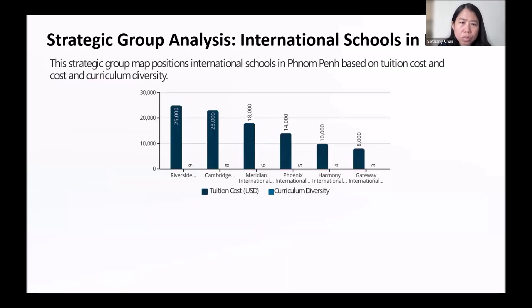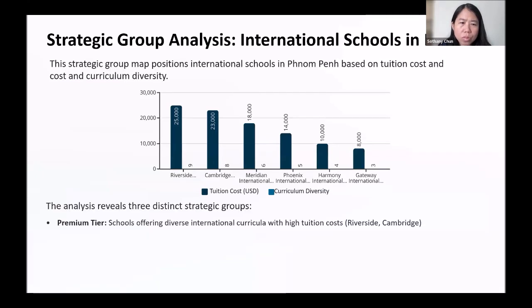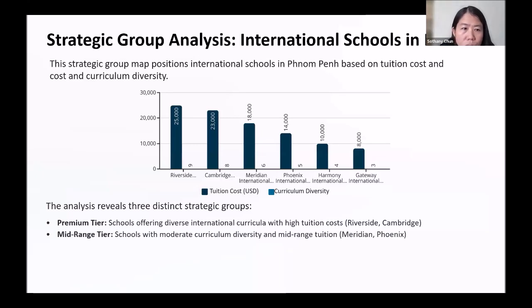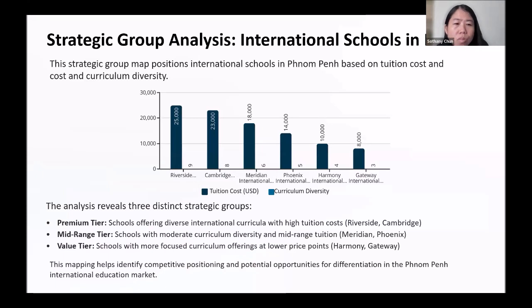Here is an example of the strategic group analysis, taking tuition fee and curriculum as an example. We can see here we have Riverside, Cambridge, Meridian, Phonics, Harmony, and Gateway. The premium tier offers a diverse international curriculum with high tuition fees, which is Riverside and Cambridge, while the mid-tier schools with a moderately diverse curriculum and mid-range tuition fees are Meridian and Phonics.